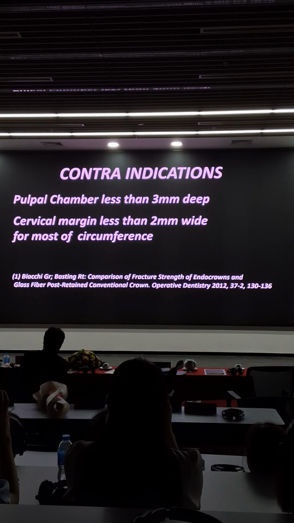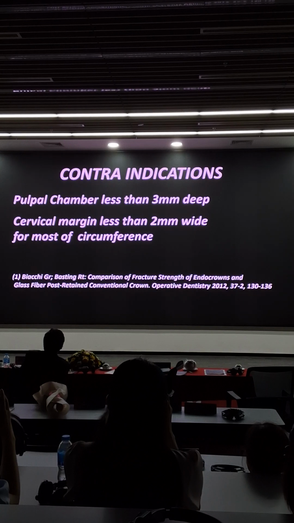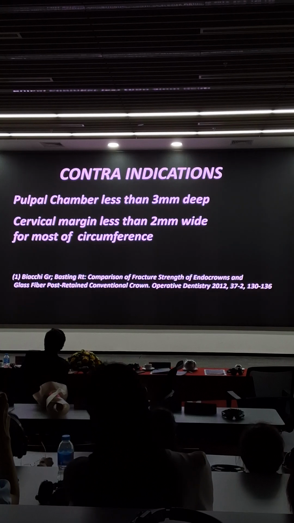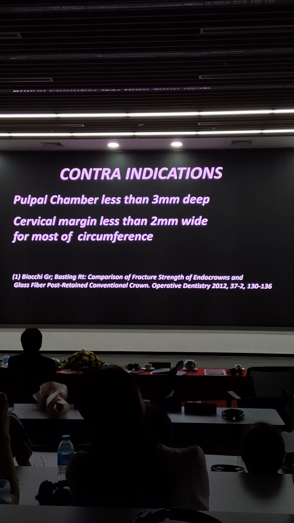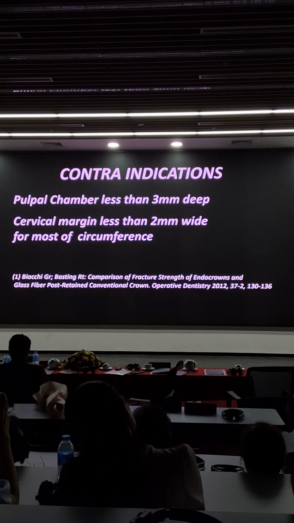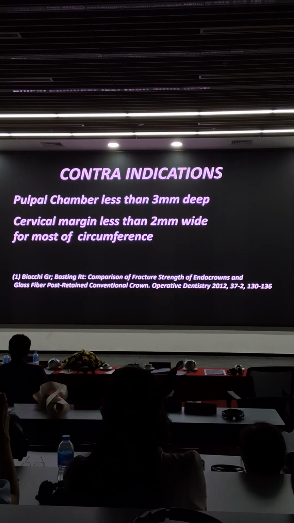So if you have a pulp chamber with less than 3 mm, you cannot do it. And also, if you have a tooth which all around is completely at the gum level, it will be too weak to support the undercrown. You need a cervical margin of at least 2 mm. If you have one wall less than 2 mm, it's okay. But normally you need a cervical margin of at least 2 mm for your undercrown.